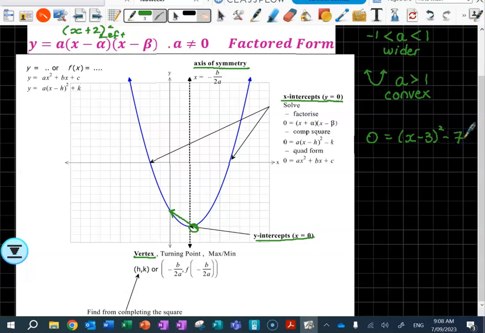How would we solve that? Would we expand? No, no, no. How would we solve that? Put the 7 on the other side. That's right. And then get rid of the squared. Square root. Come on, people, wake up. And therefore we get x equals 3 plus or minus root 7, right?